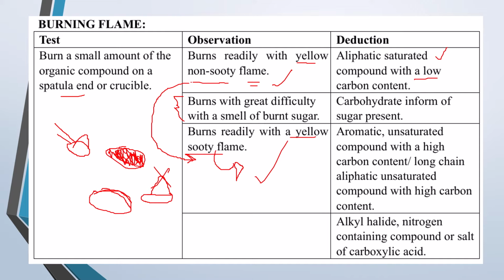So these ones which burn with a yellow sooty flame, we say they're going to be aromatic, they're going to be unsaturated, and they're going to have a high carbon content. And you can stop there. Or you can give one deduction. Or you can say it is a long chain. We expect a long chain aliphatic unsaturated compound with a high carbon content, and then you stop there.